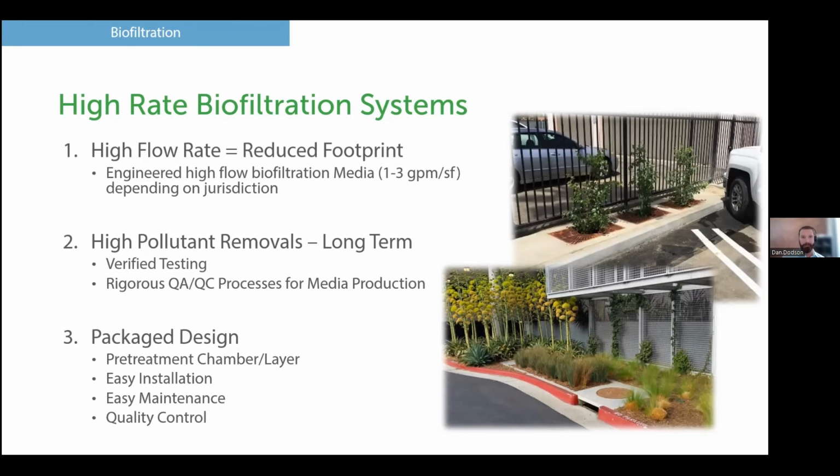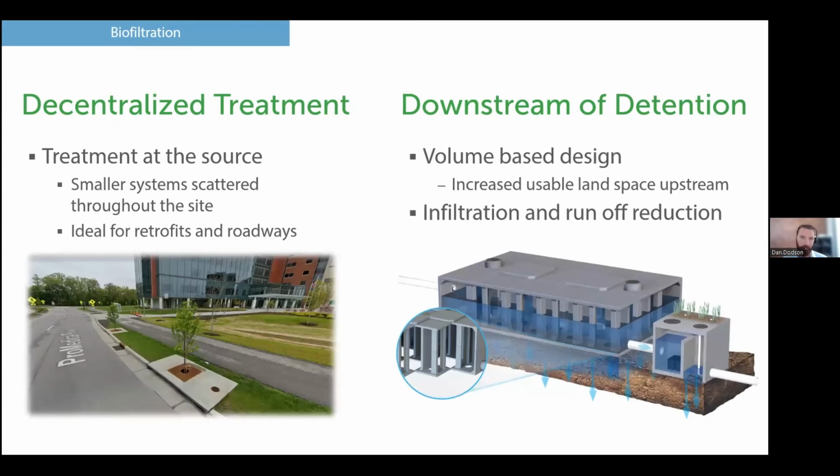You couple the high flow rates with the verified test data, and add in that each of these systems is a fully packaged design. So that's easy installation, maintenance guidelines, quality control. You've got yourself a full-fledged biofiltration system, just in a much smaller footprint.